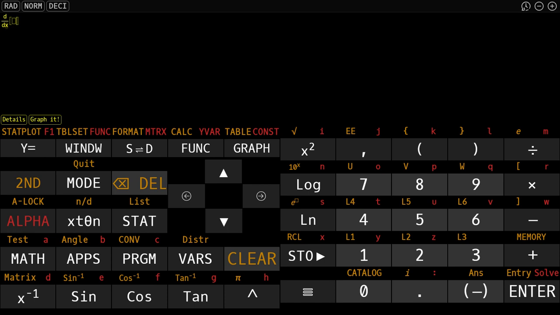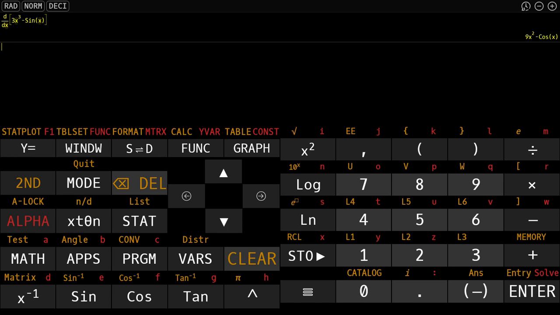So let's just say, for example, I have 3x cubed minus the sine of x, close parentheses, and enter. And so you can see here it returns a value of 9x squared minus the cosine of x, which is what we'd expect.